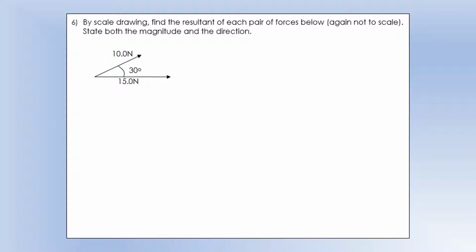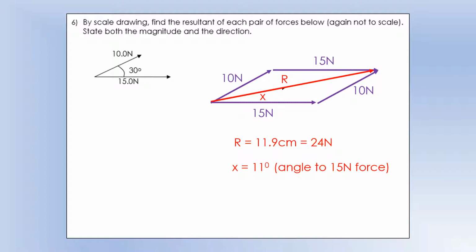Okay, so again by scale drawing, find the resultant of each pair of forces below, state the magnitude and direction. So again, we can form our force parallelogram by adding the vectors tip to tail. Again, the resultant goes from the start to the end, and I'm going to give the angle between the resultant and the 15 newton force. Okay, so this is my diagram here.